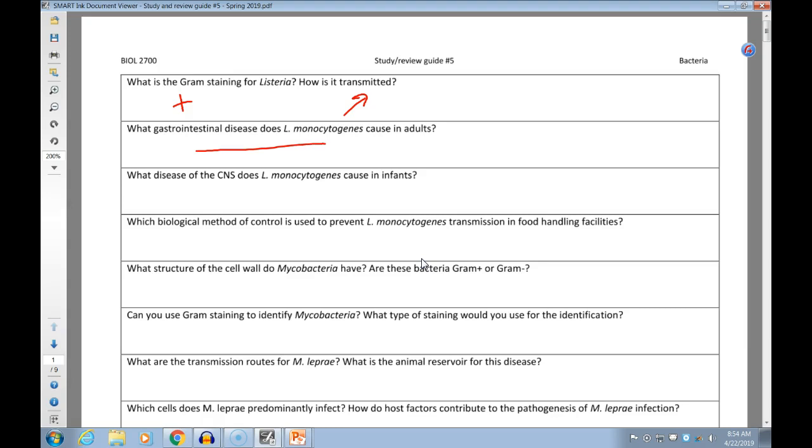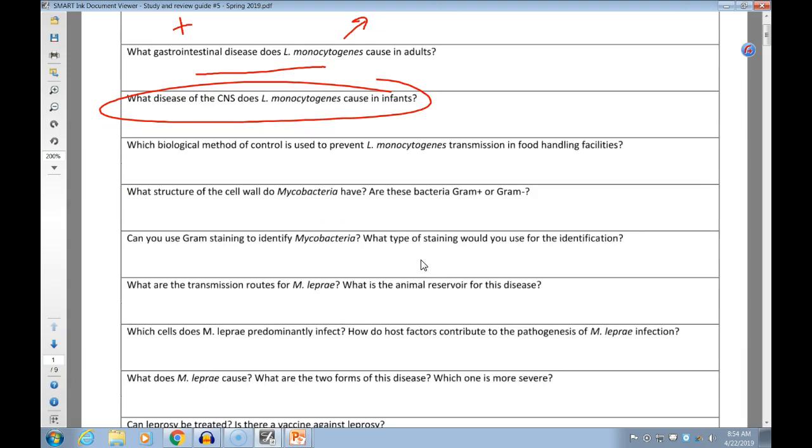If it's GI, it's usually diarrhea or vomiting. Here it is: the disease that Listeria monocytogenes causes in infants, neonatal meningitis. Okay? Biological method of control, bacteriophage. What we talked about.